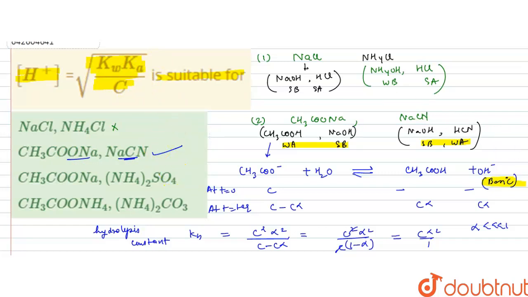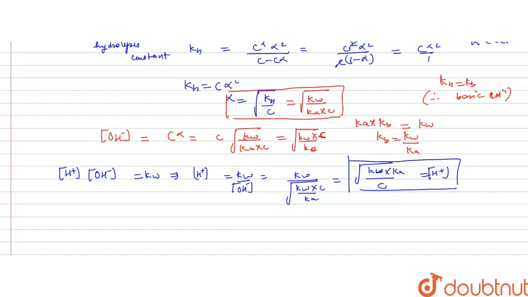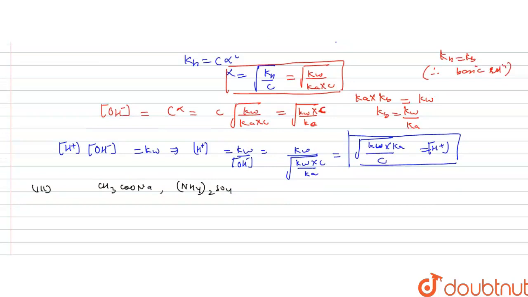Now if we check the third option, that is CH3COONa and (NH4)2SO4. This salt is formed of acetic acid, CH3COOH, and NaOH.